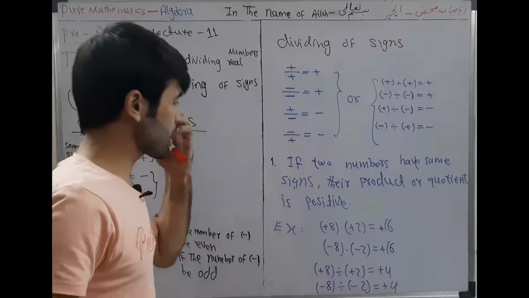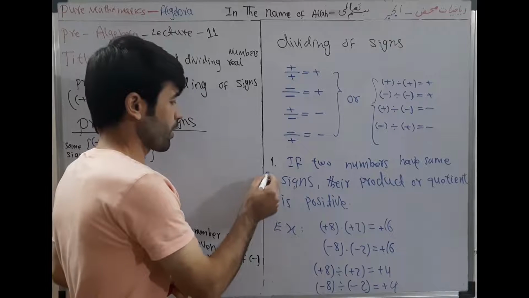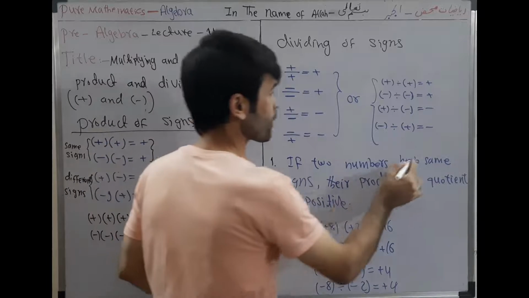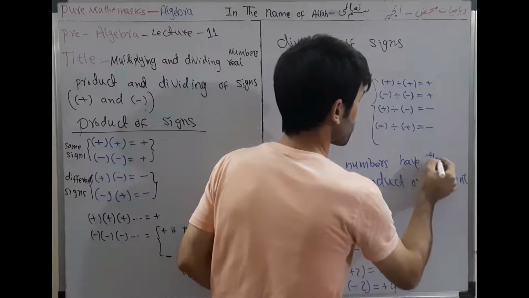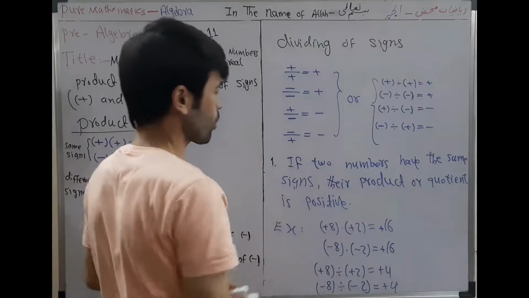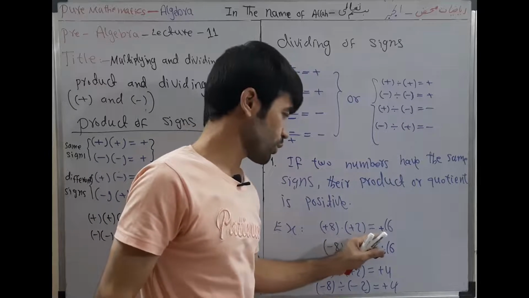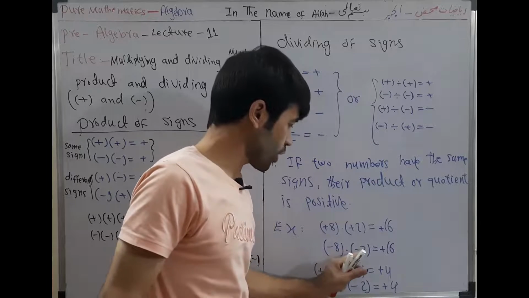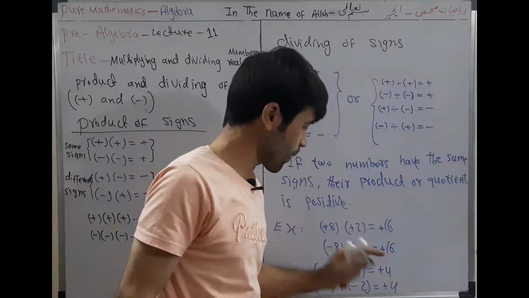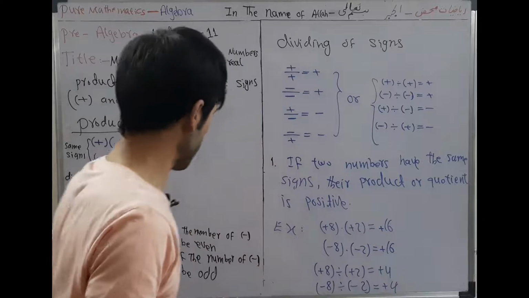It was the first rule: if two numbers have the same sign, their product or quotient is positive. Example, plus 8 into plus 2 is plus 16. Minus 8 into minus 2 is plus 16. Plus 8 divided by plus 2 is plus 4. Minus 8 divided by minus 2 is plus 4.